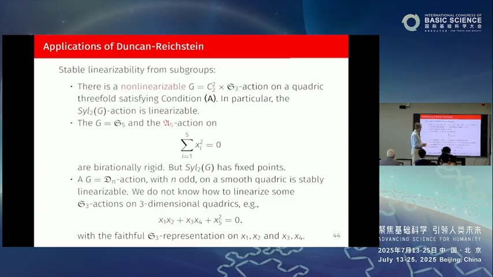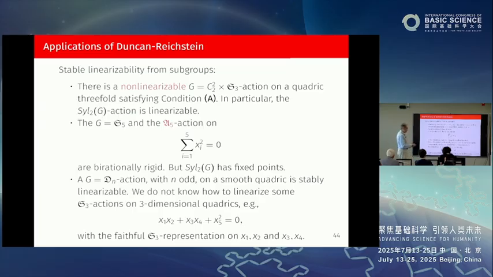But how about an S3 action on this quadric? How do we act? This is a 2-dimensional representation, so zeta, zeta minus 1, and switching x1, x2. This is 2-dimensional, and this is just trivial. Well, we don't know whether or not this thing is linearizable for S3.